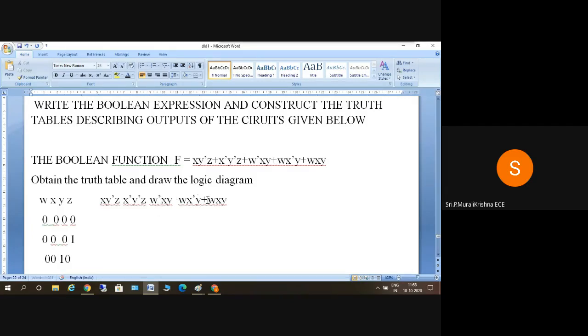So substitute these values for each input combination. After which, add all these things. I'll get the value of f here.